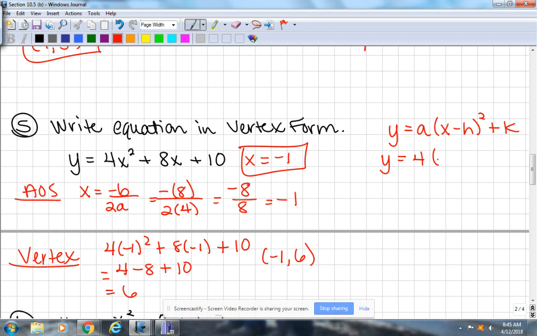Change the sign of your x, so that's going to be x plus 1 parentheses squared. And what goes for k? It's positive, and I keep it positive, plus 6. So there we are in vertex form now. Same equation. This one's in standard form. This one's in vertex form. You'll get the same parabola.